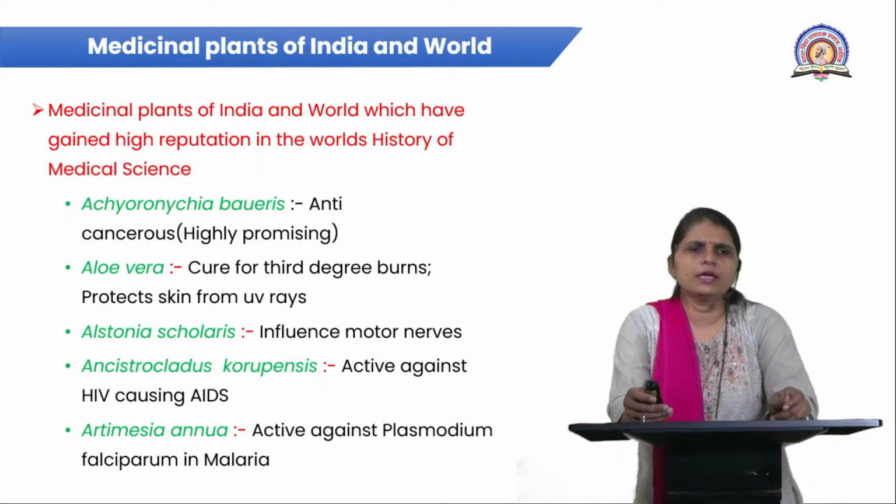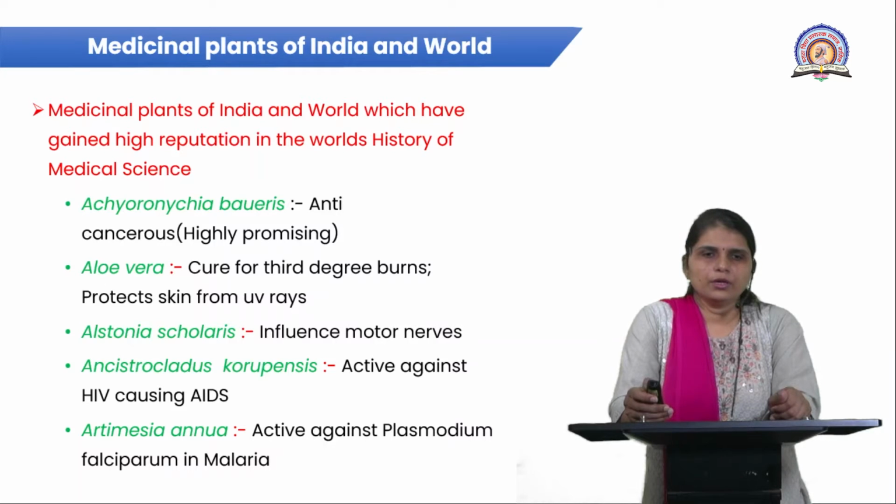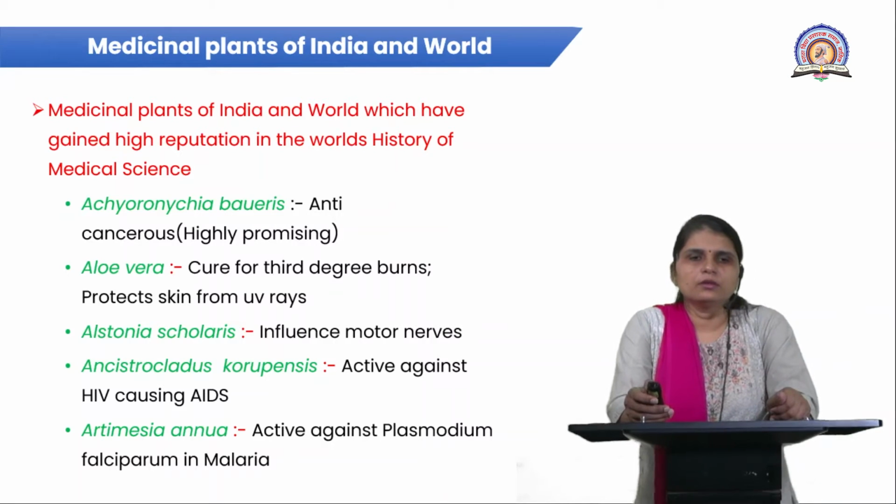The next one is Ancistrocladus korupensis. It is active against HIV, which causes AIDS. Very important: it is active against this HIV causing AIDS.